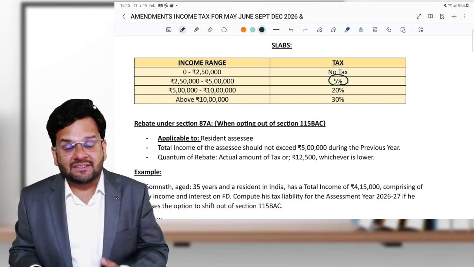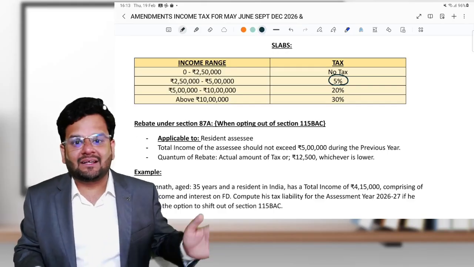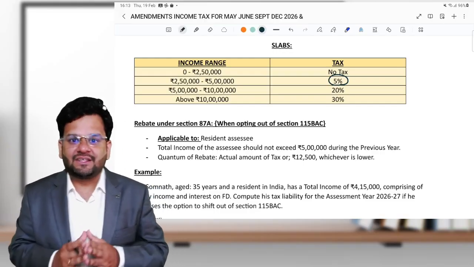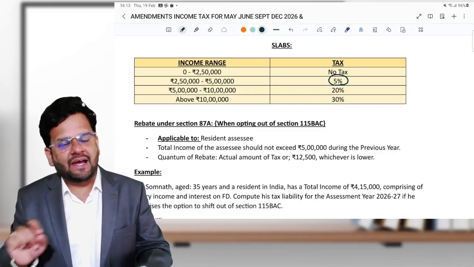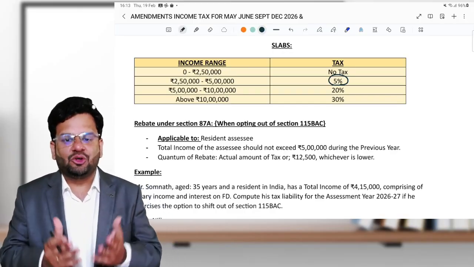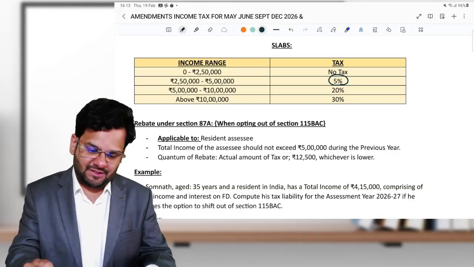If you are a resident senior citizen, then 3 lakh to 5 lakh, tax is at 5%. If you are a super senior citizen, then on the first 5 lakhs, there will be no tax. Then 5 lakh to 10 lakh, whatever income falls in this, tax is at, as you all know, 20%. And above 10 lakhs, tax is at 30%.